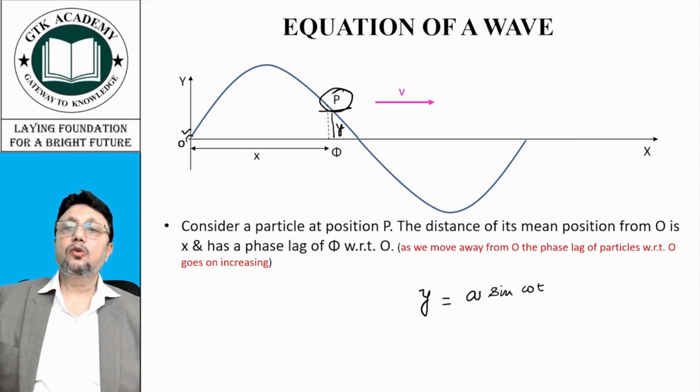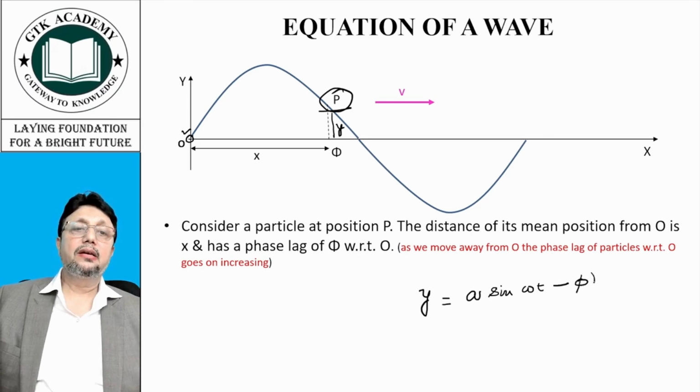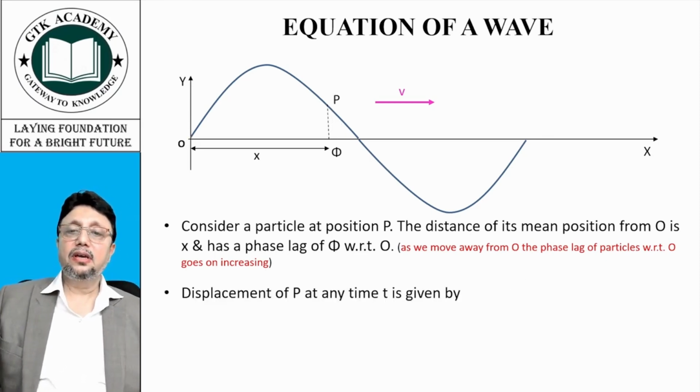This is for only O, but this particle at P will lag in phase because the wave is moving in this direction, minus phi, right? That means the displacement of particle P at any time can be given by a sine omega t minus phi.